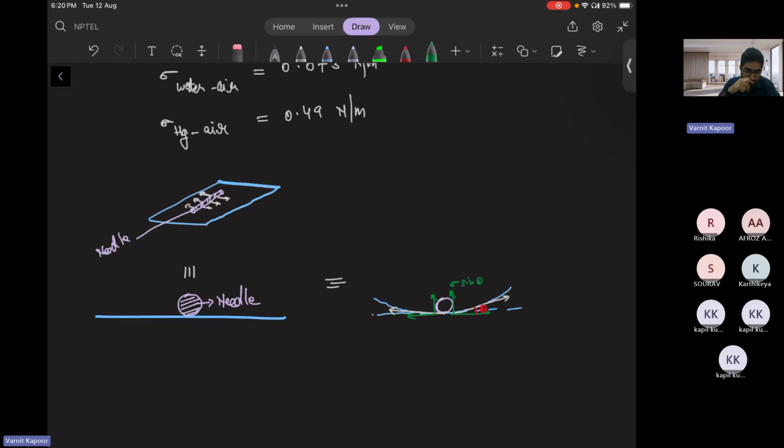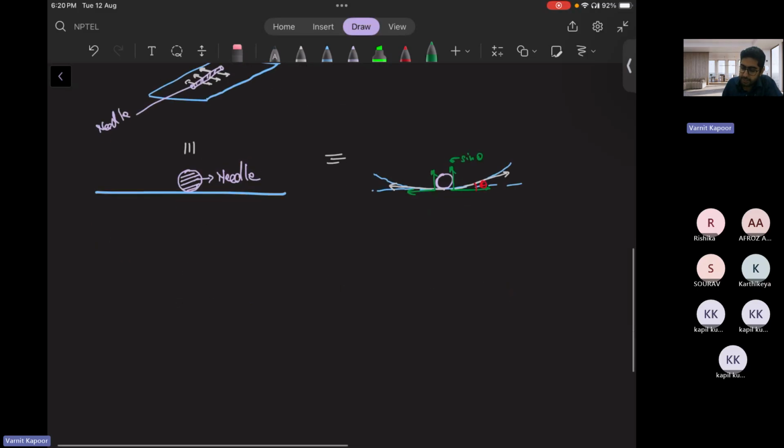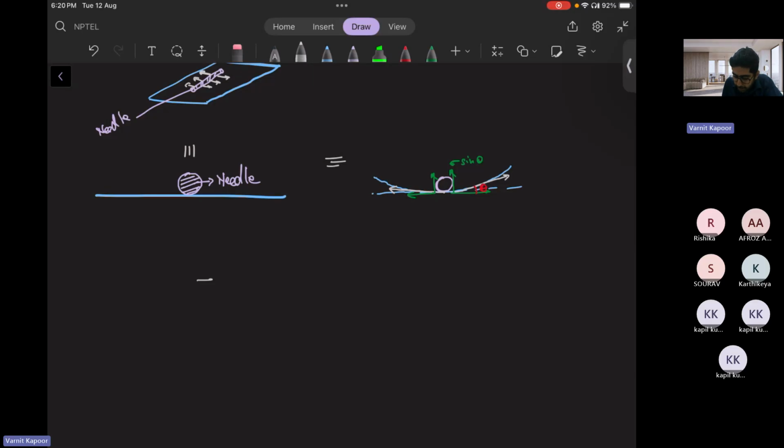So surface tension, let me write in mathematical form. Surface tension is nothing but surface energy per unit area. If it is defined in this term, then your unit will be joule per meter square.